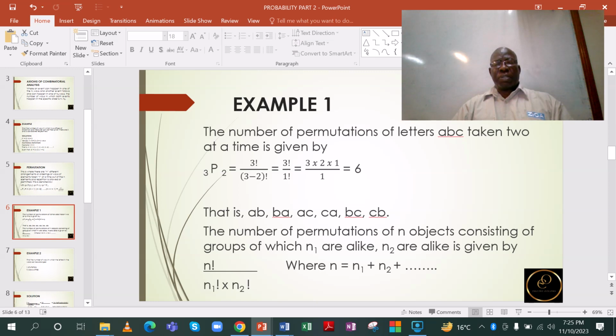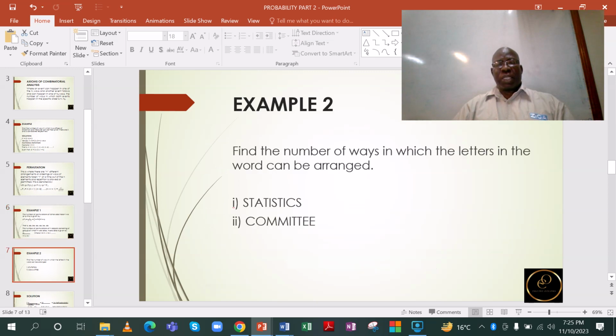So where you have like items, we're going to see in the next examples how this formula is used. If there are 3 groups, there will be another one, n3 factorial. Let's look at an example that will demonstrate this.